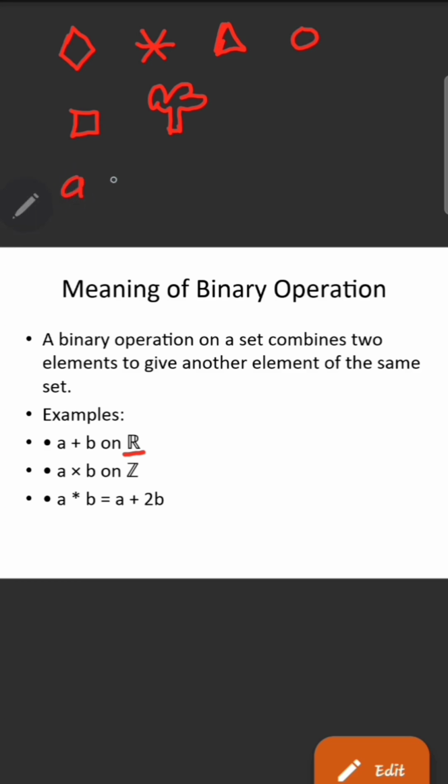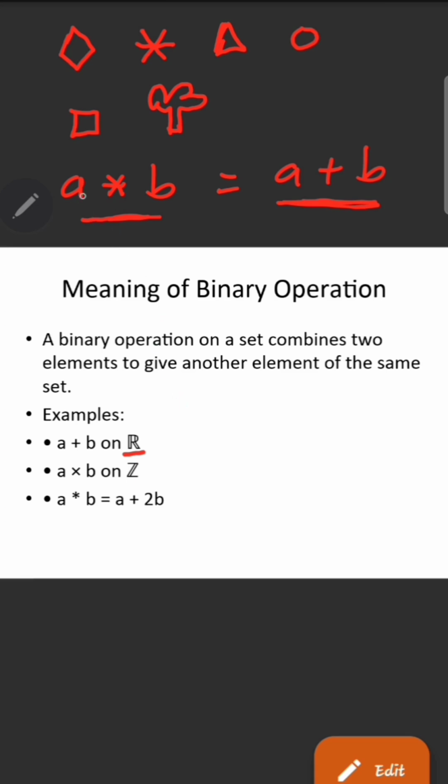A operation B equals A plus B. Anytime you are given an operation, the operation must be defined. So the operation is defined as A plus B. If you want to perform anything on this operation, you may just be given two numbers.